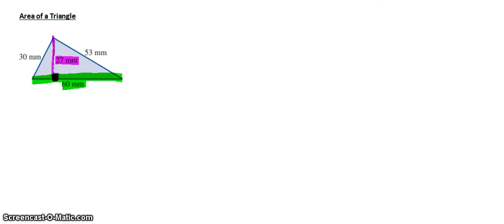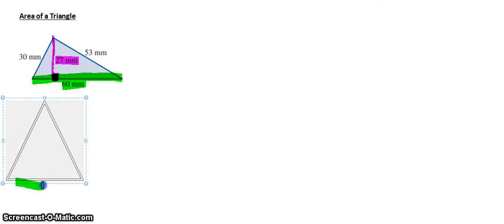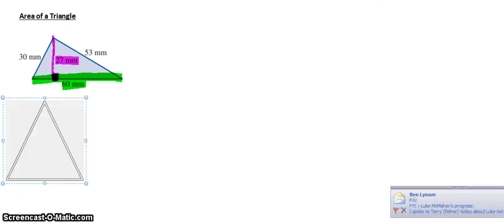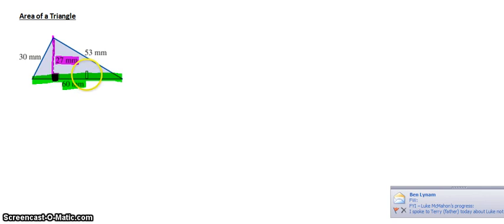So even if you've got a different triangle, even if I can make a different right angle triangle, which I'll try and do here. I'll just have to draw it out.